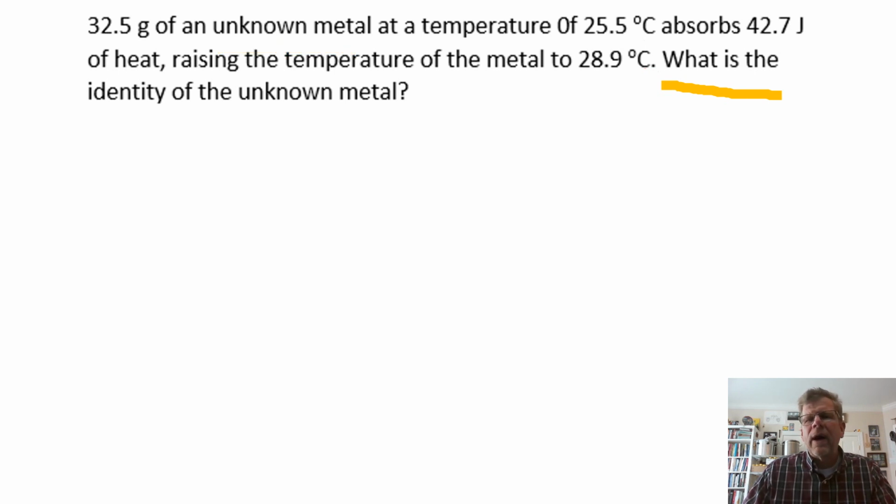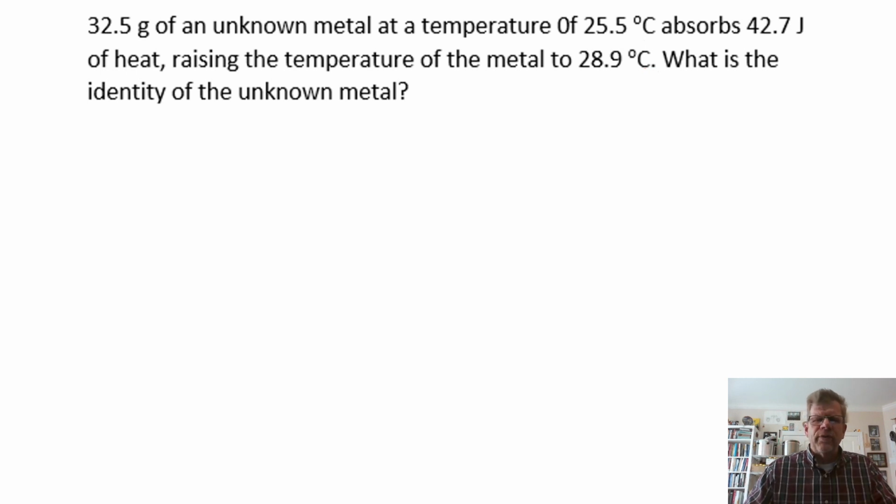Well, how do we go about identifying substances? Much of the time we can compare them to their physical properties. And if we can measure a physical property, much of the time we can say, oh, this physical property states that it is this particular substance as opposed to that one, like we did with density before in the last unit of study.